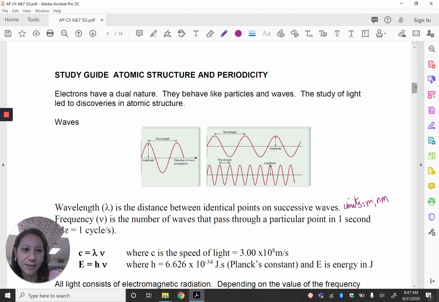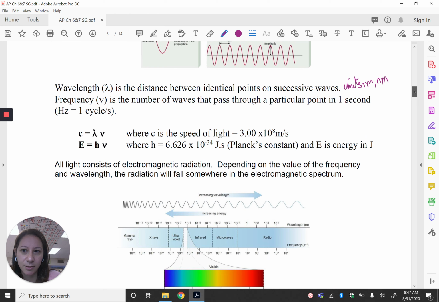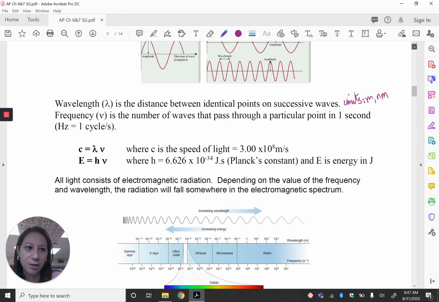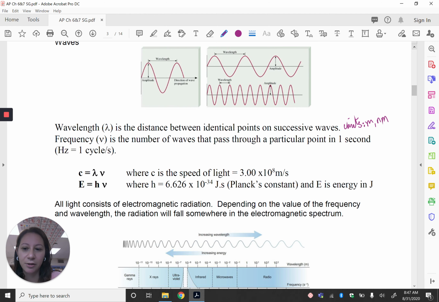Next is frequency, and frequency gets the Greek letter nu, so the Greek letter that sounds like an N, but it looks like a fancy V, so nu, N-U. And that is the number of waves that pass through a particular point in 1 second, and the units for that is hertz or per second.